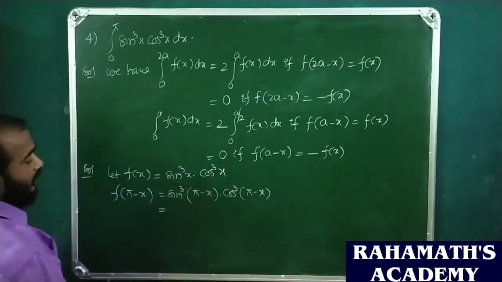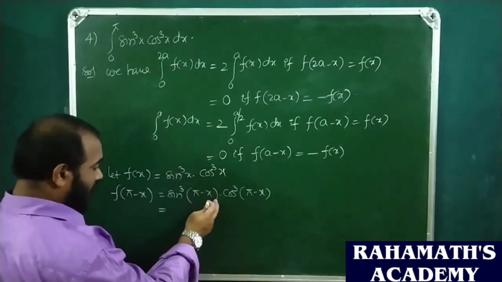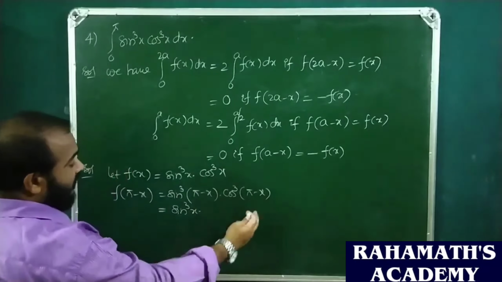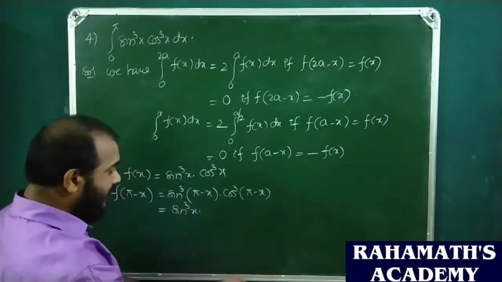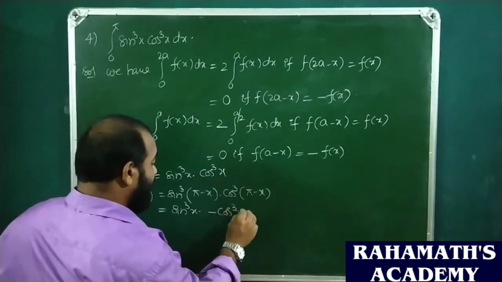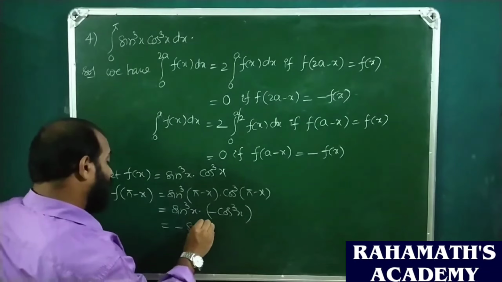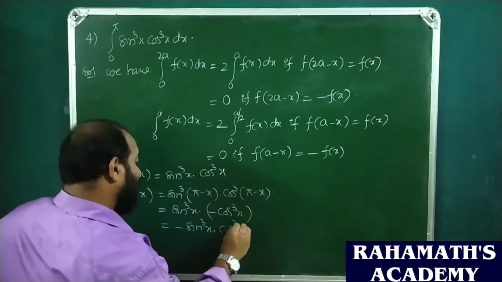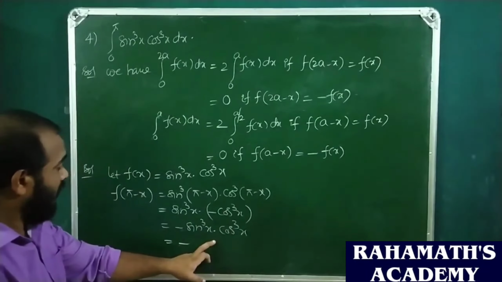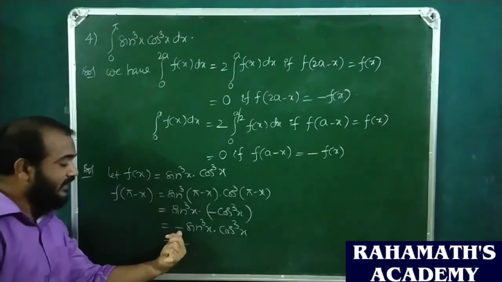So what is sin 180 minus x? Second quadrant. Sin 180 minus x is sin x only, whole cube, so sin cube x, into what is cos 180 minus x? Minus cos x, whole cube. So minus cos x whole cube is minus cos cube x. So this is minus sin cube x into cos cube x. So we got the same value, sin cube x into cos cube x, with a minus sign.